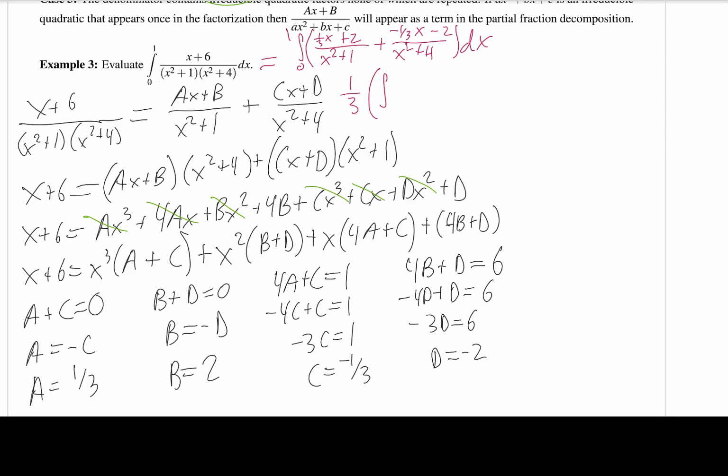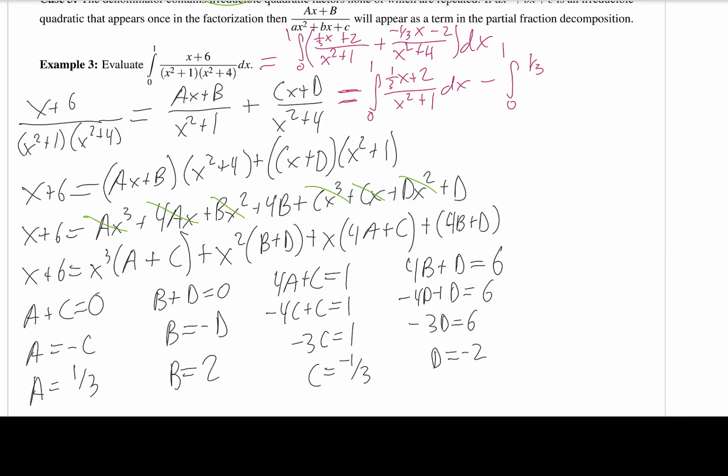I'm sorry, I keep going back and forth. I want to make this as simple to see as possible, so I'm not going to pull out that 1/3. You may pull it out whenever you actually calculate the integral. So we'll split this into two parts. This becomes the integral from 0 to 1 of 1/3 x plus 2 over x squared plus 1 dx, plus the integral from 0 to 1. We can factor out a negative 1 here. I don't think that'll be too bad.